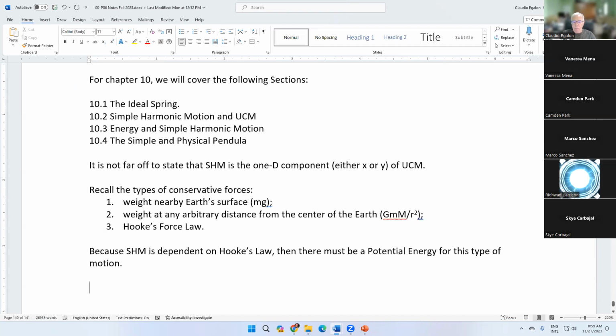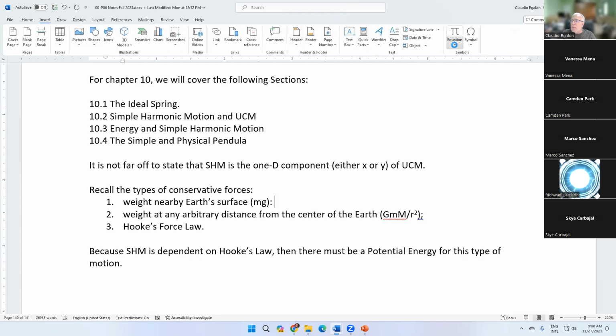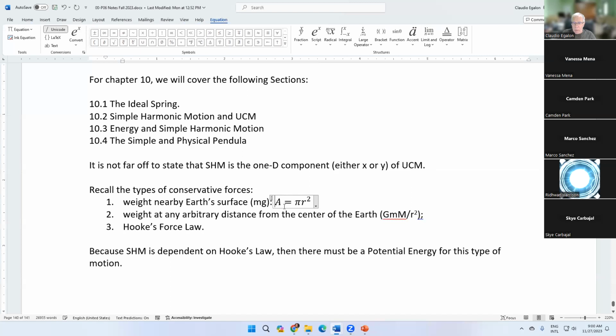Just to remind you, for our first type of law here, the potential energy is going to be, that's easy to remember, U equal to mgy.